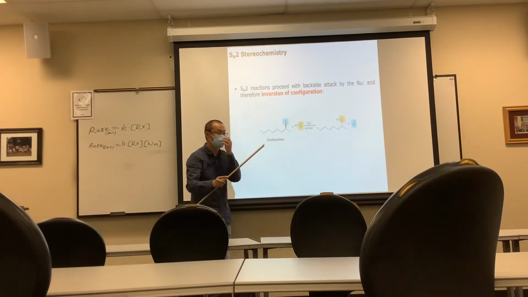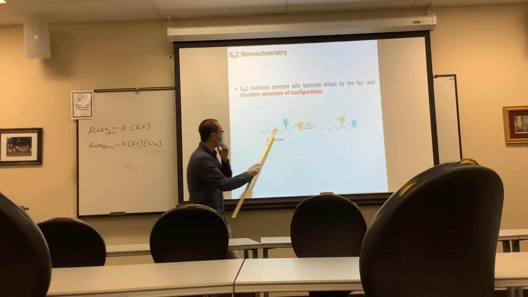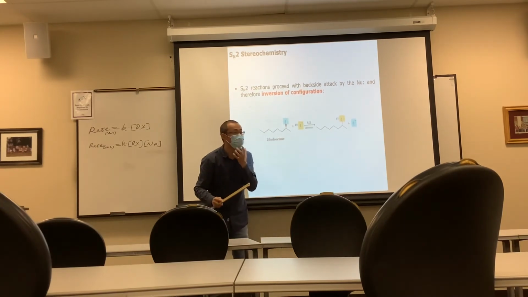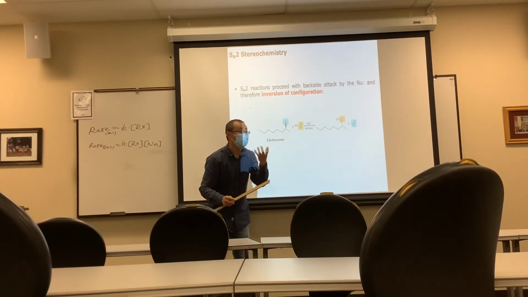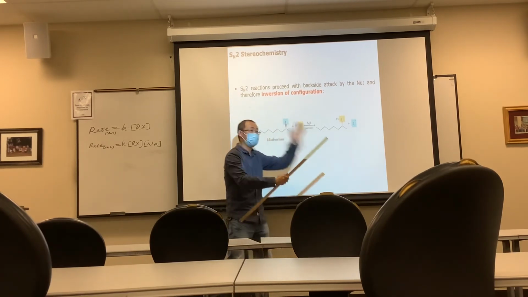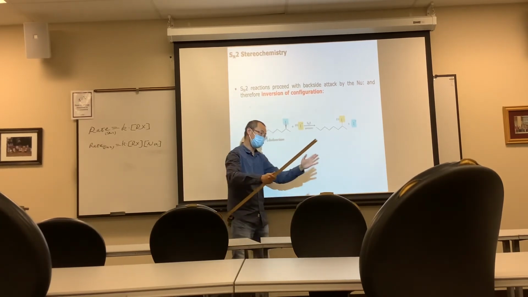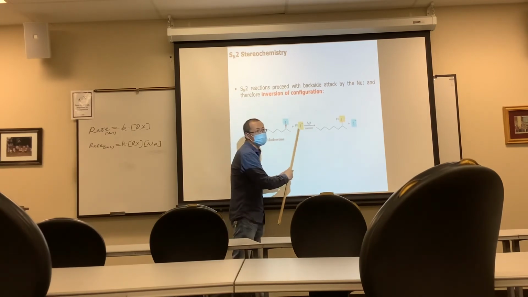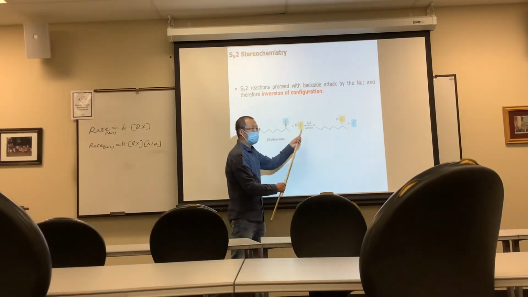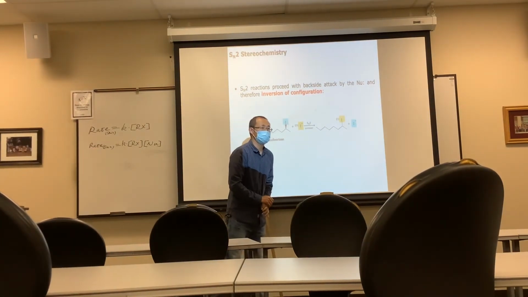And they found out, in order to make this S compound racemic, what is racemic? Racemic means you end up with half and half. In order to make this racemic, they only need half the amount of the acetone.